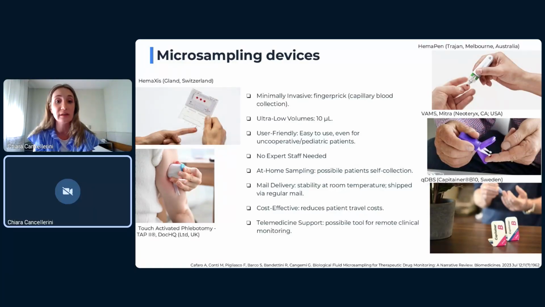Here I reported the most used. As you can see, there are EMA-Pen, VAMS, QDBS, and then there are the newest ones, MAXIS, and the last one, which is pretty new, is the Touch one.